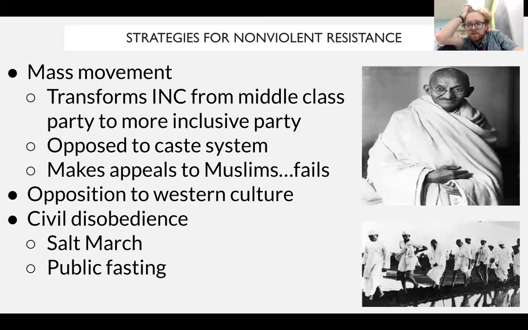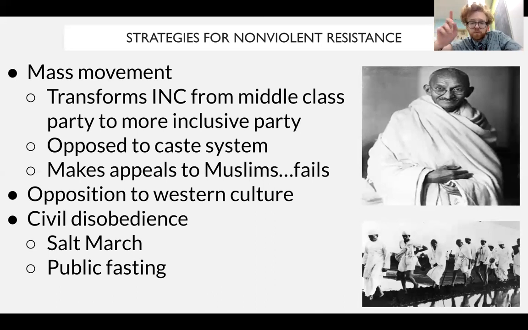And part of that is going to be through nonviolent resistance. He is going to do things like the Salt March. This is going to essentially be Gandhi protesting the salt tax, the salt monopoly, going to the ocean, making his own salt. But Gandhi is also well known for his hunger strikes, for his instances of public fasting. And he's doing this with nonviolent means.